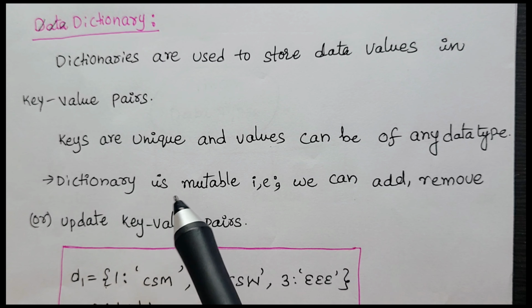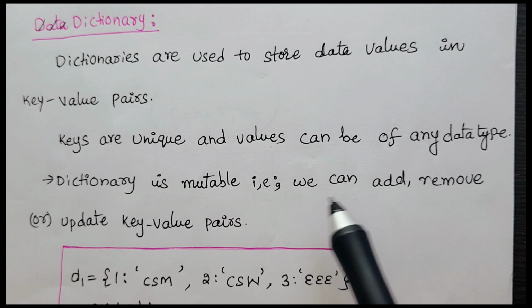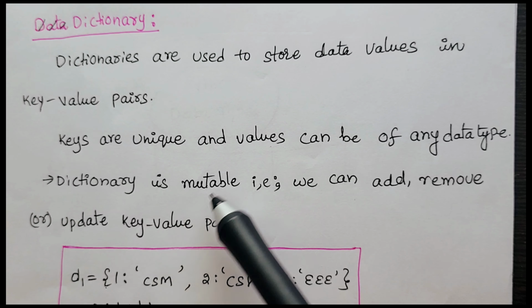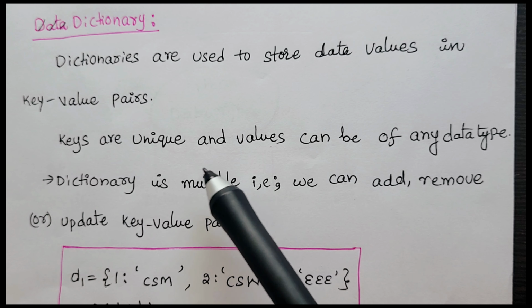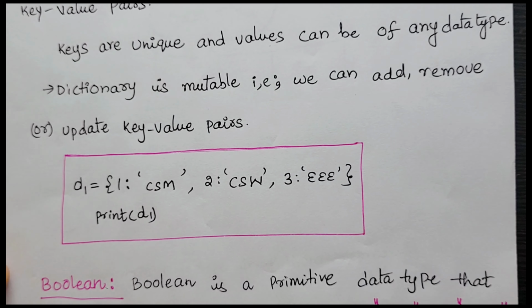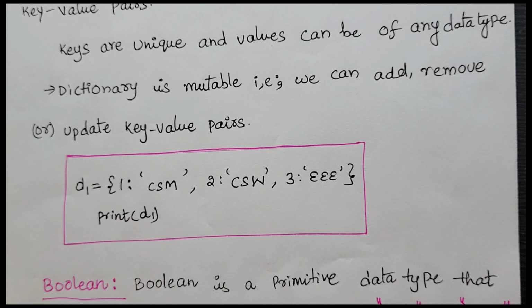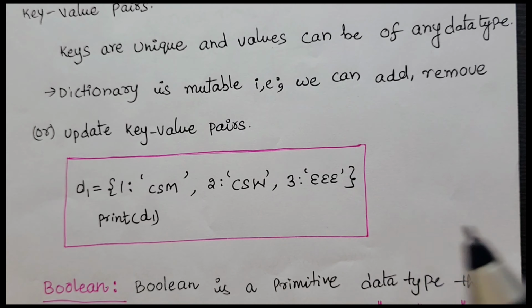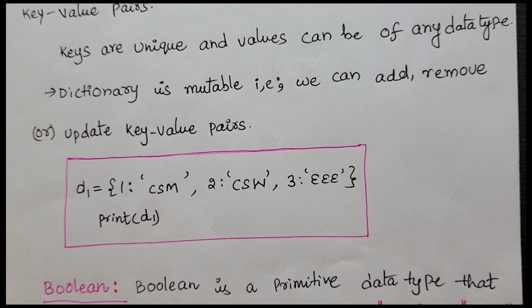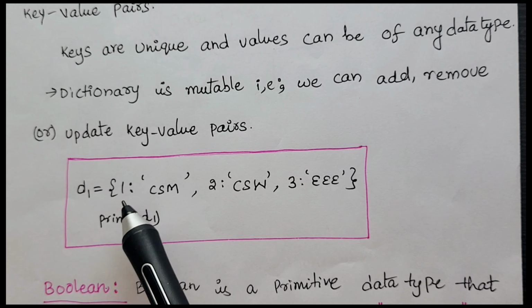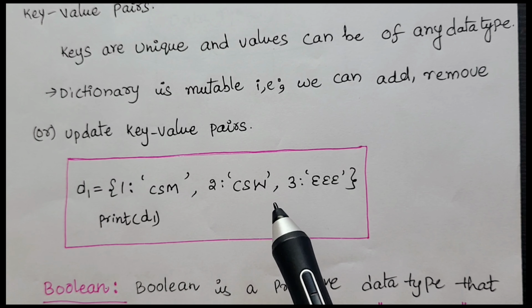A dictionary is mutable, that is, we can add, remove, or update key value pairs. Remember, one of the important keywords: mutable means we can change. Now you see the example here. d1 is equal to 1: CSM, 2: CSW, 3: triple E. There are three keys: 1, 2, 3.